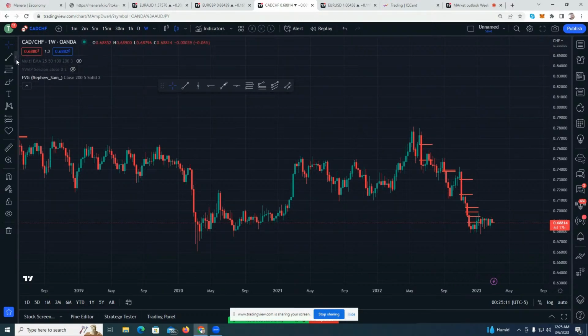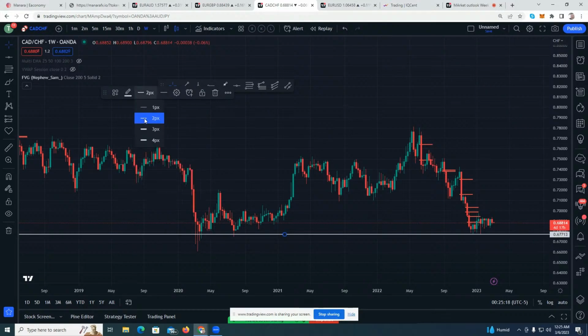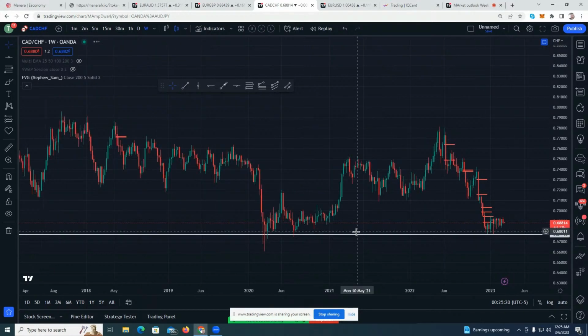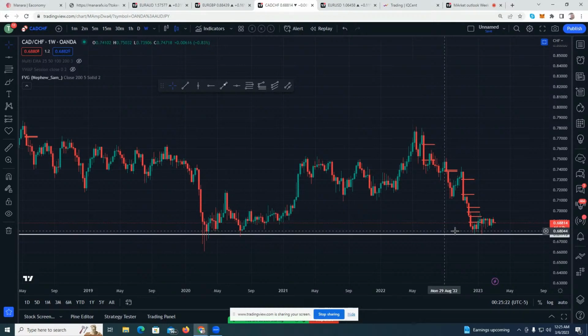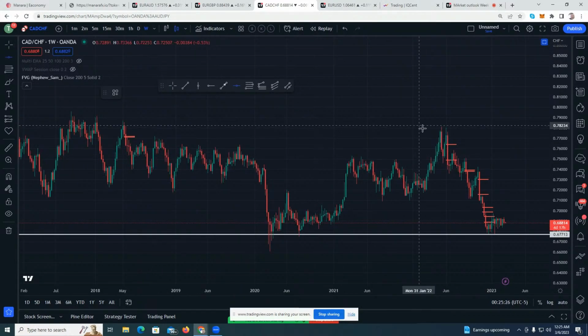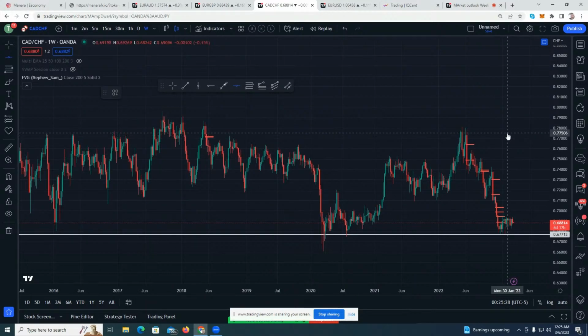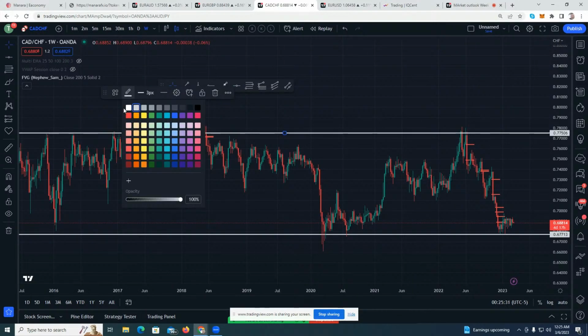Right now I see price action is pushing down to a major support area, okay? So we have price action pushed down to a major support area. Then we're going to look for our next area of resistance, which is going to be right here.